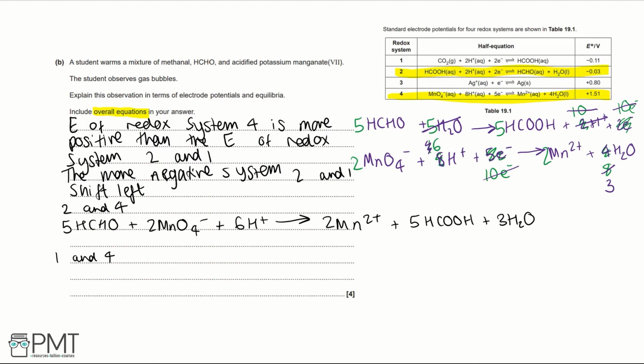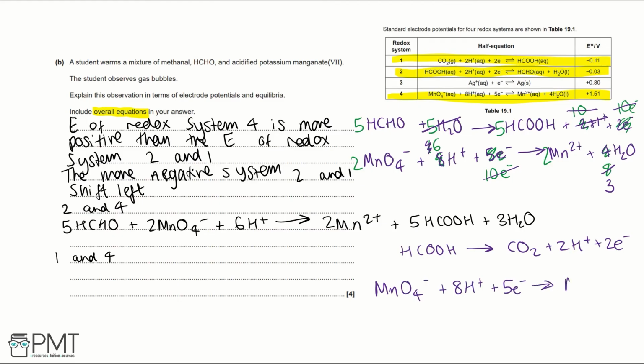Now we're going to do the same for 1 and 4. Rewriting redox system 1, again this one's shifting left, so we have HCOOH going to CO2 plus 2H+ plus 2 electrons. Then rewriting redox system 4, we have MnO4- plus 8H+ plus 5 electrons goes to Mn2+ plus 4H2O.